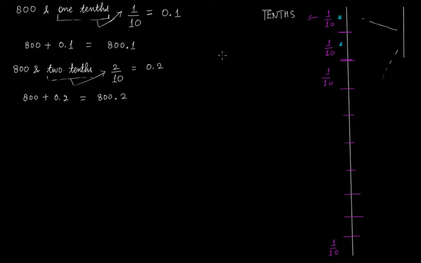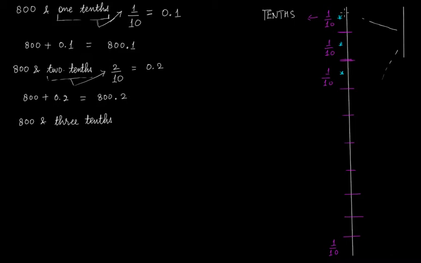This 2 is telling you that you are having 2/10. Let's take one more tenth. Now if you are having this one and this one, you are having 3 portions. In this case you will say that you are having 800, that is 800 line segments, and 1/10, the second tenth, and the third tenth. So you are having 3/10.